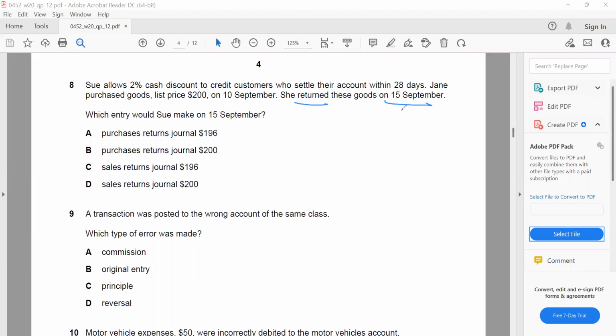First of all, cash discount is to encourage fast payment. In the IGCSE syllabus, you have two discounts: one is a cash discount, one is a trade discount. Cash discount encourages fast payment. Trade discount encourages buying in bulk. But here they didn't mention trade discount.